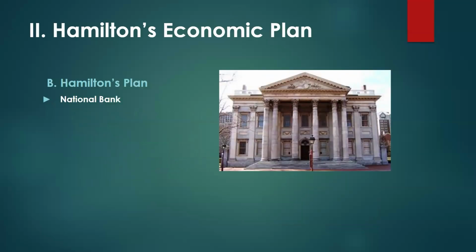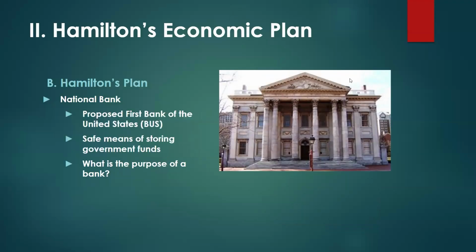Hamilton also, though, wanted to implement a national bank. So he proposed a plan to open a Bank of the United States, or a BUS, as it's sometimes called. And he suggested this would be a safe place for the federal government to store its money. But as many of you probably know, the purpose of a bank is not simply to store money. The real purpose of a bank is to loan money, okay? They actually only store a little bit of money at a time.